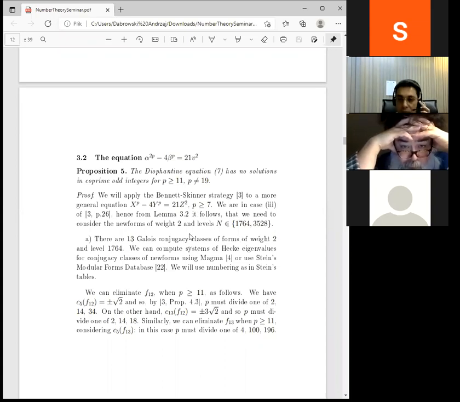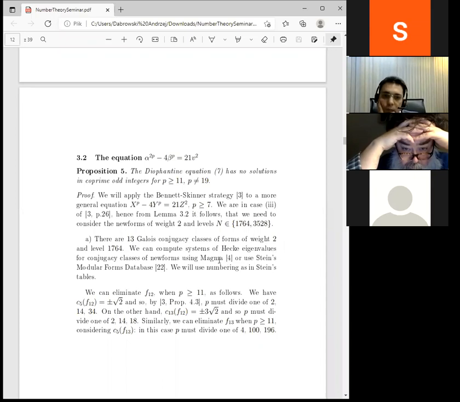Here, of course, we can calculate levels of the corresponding newforms. We need to eliminate two possible levels, and in the case of the first level, there are 13 Galois conjugacy classes we have to eliminate. In the second one, it will be 39, as I remember.